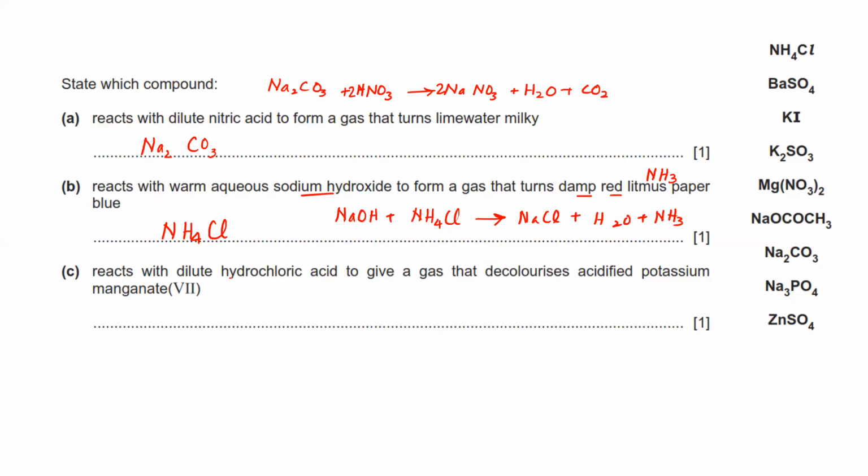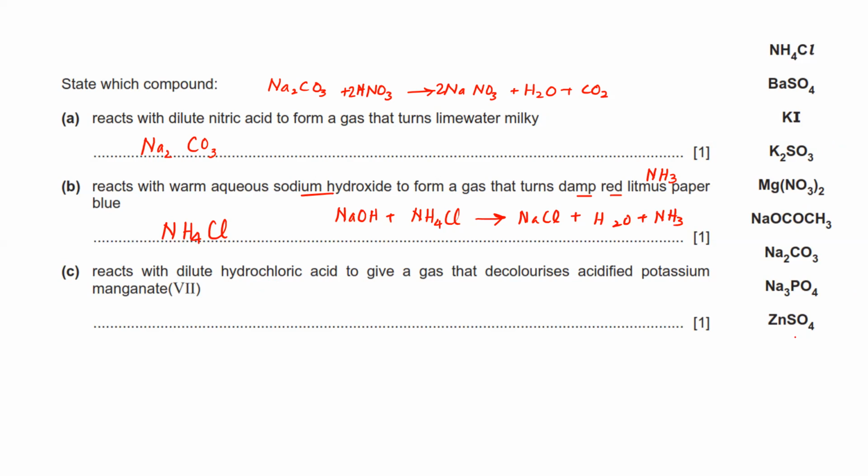So part C, it says reacts with dilute hydrochloric acid to give a gas that decolorizes acidified potassium manganate. So this is the test for sulfur dioxide gas. So any sulfite in the group that reacts with dilute acid, or means that is soluble.